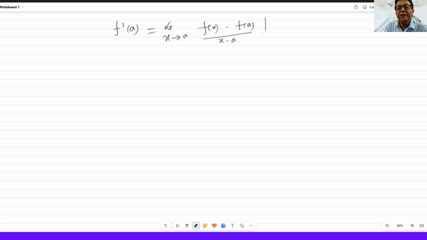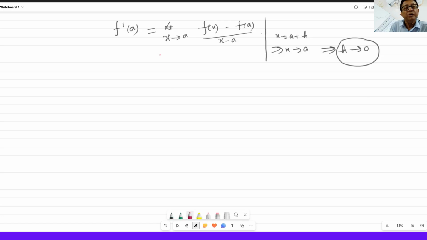Sometimes we replace the point x equal to a, that we write x equal to a plus h. So x tending to a will imply what? This will imply that h tends to 0.